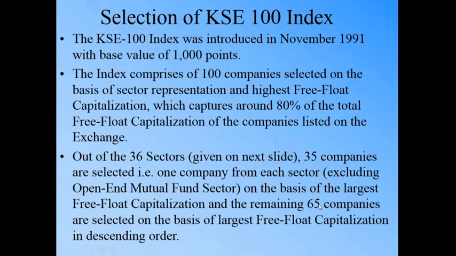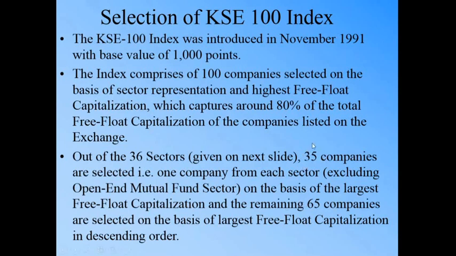Those 465 companies are then arranged in the order of largest free float capitalization to lowest, that is, in descending order, and the top 65 companies are selected.